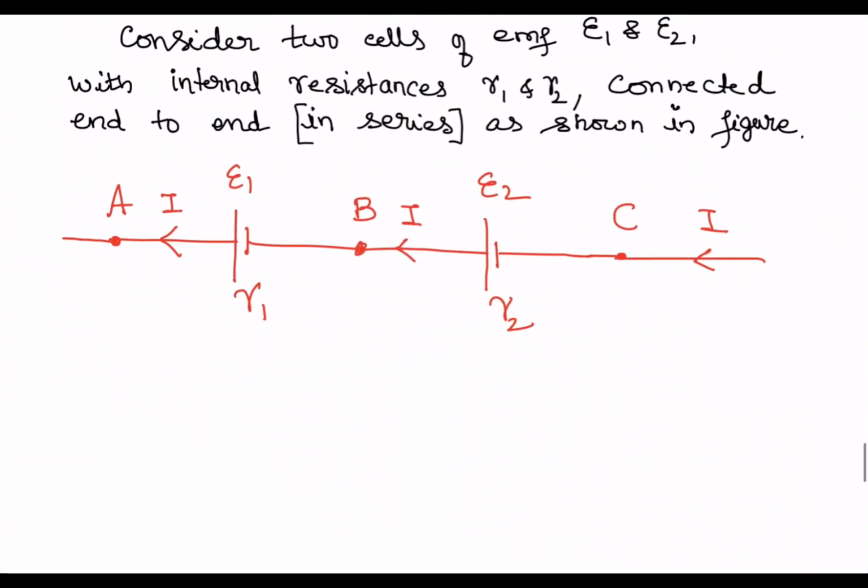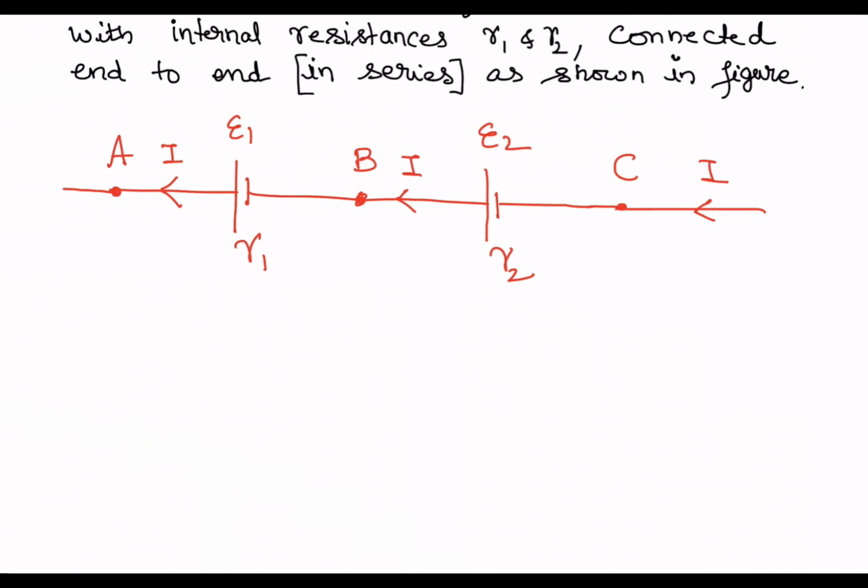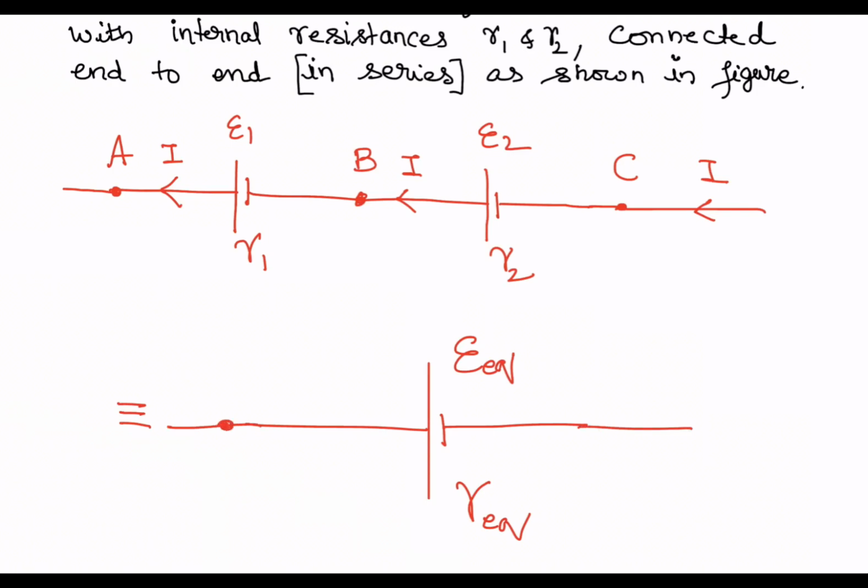And it is found that this combination is equivalent to a single cell of EMF, let us represent it as E equivalent, and internal resistance R equivalent, connected between the same points A and C, that drives the same amount of current I in the circuit.